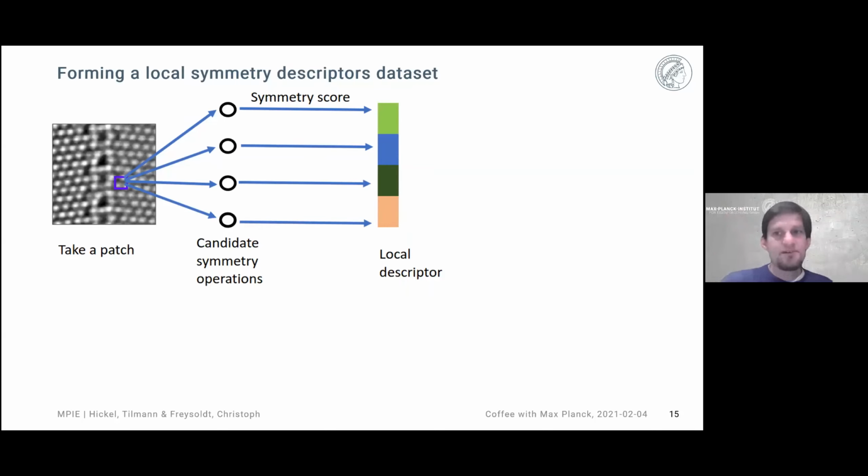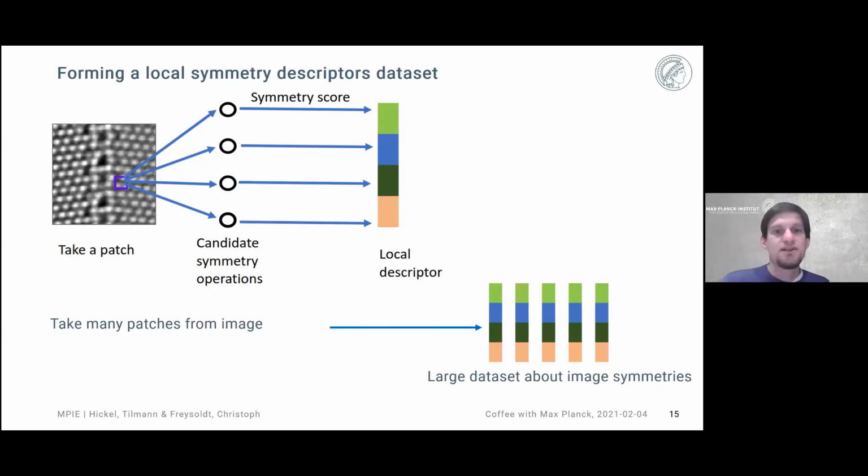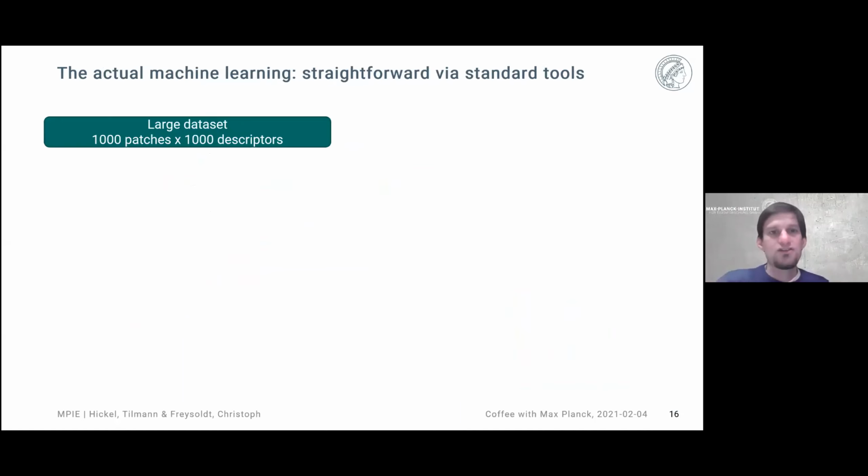The next step is now to use this not only for one spot in the image, but really to take many patches from the image and thus generate from the original just 2D image a large data set which contains and encodes the local symmetries that are contained in this image in a kind of machine learning ready version. And once you have this, you end up with a large data set.